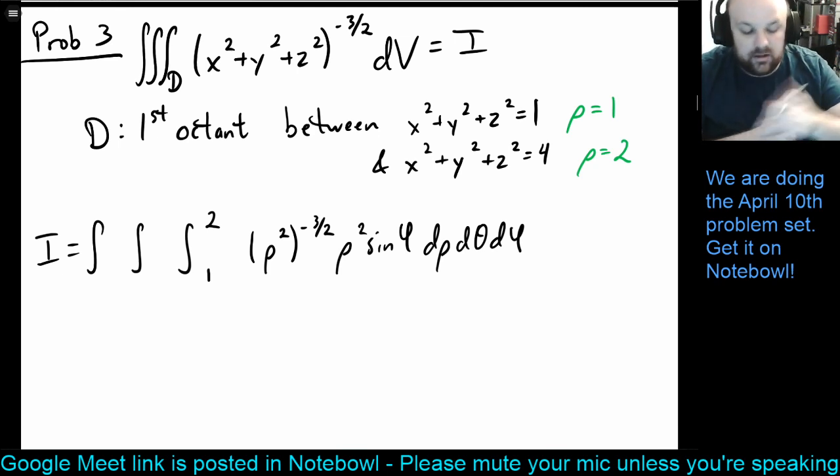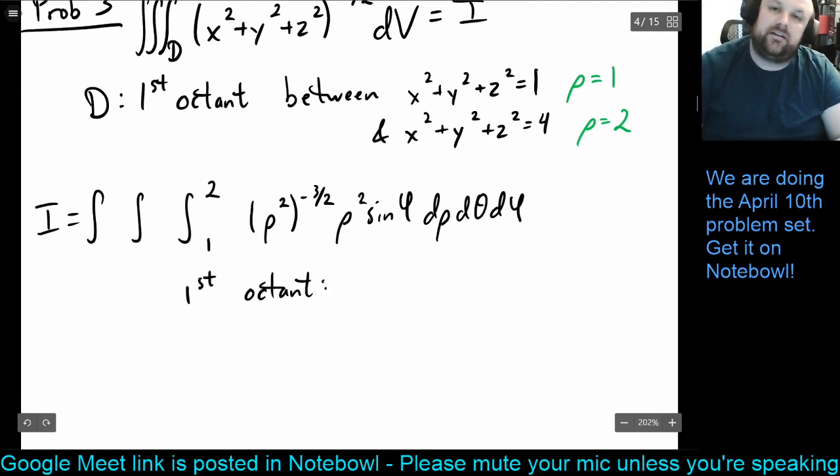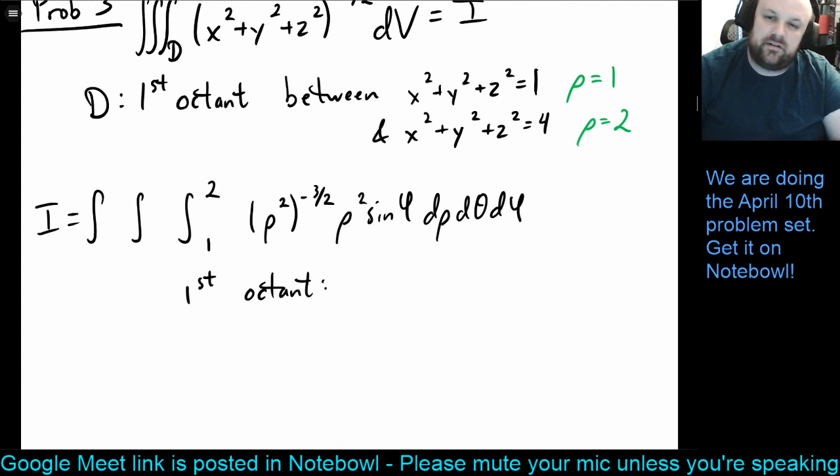Well, in the first octant, all of x, y, and z are positive. So think about the first octant. What part of the xy plane is that? That's the first quadrant of the xy plane.